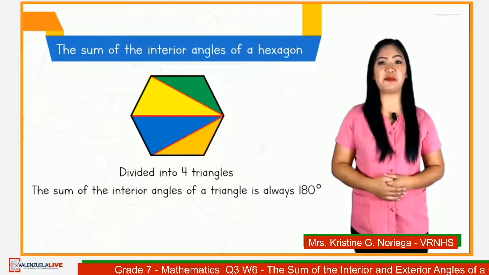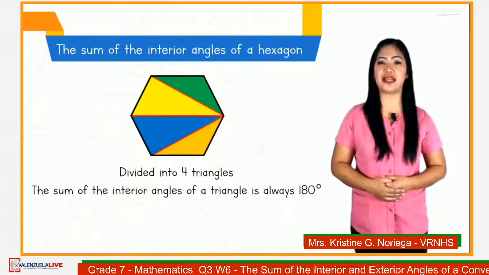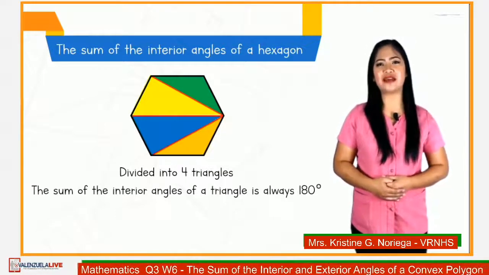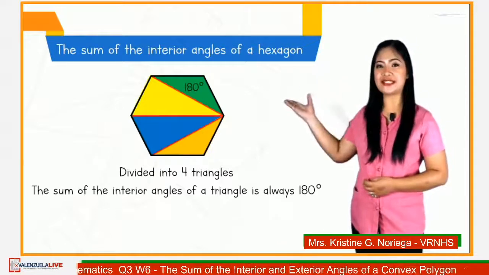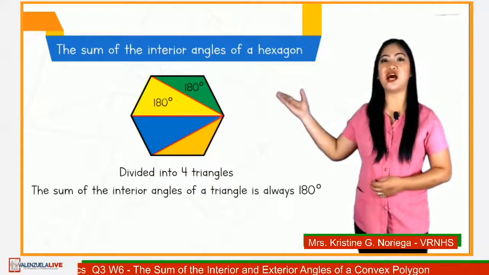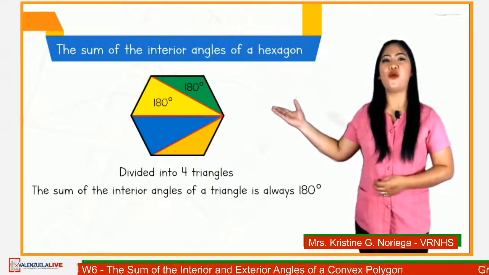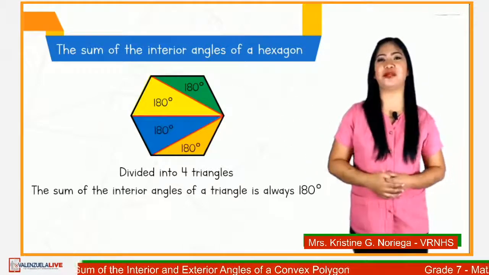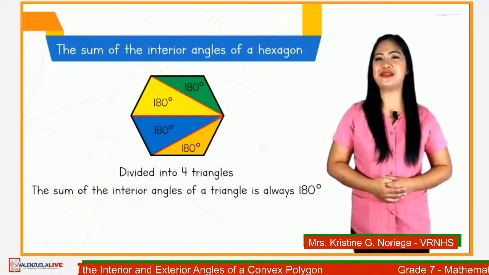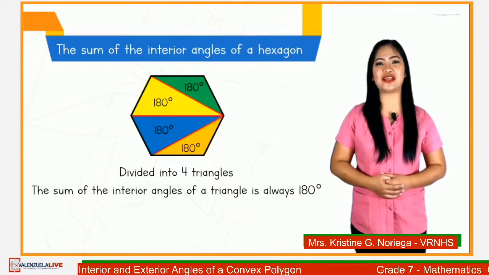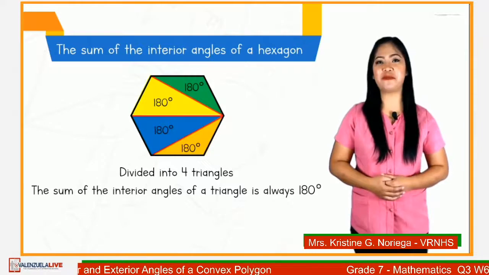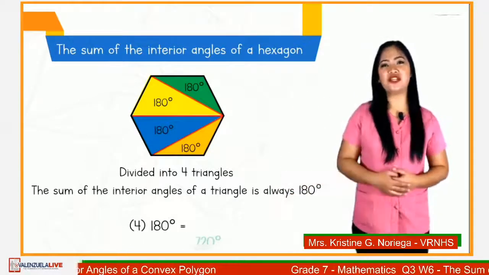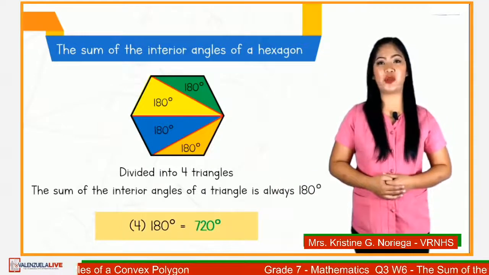And since the sum of the interior angles of a triangle is always 180 degrees, this triangle gives us 180 degrees and the other triangle gives us another 180 degrees, one more 180 degrees, and 180 degrees more. So for me to know the sum of the interior angles of a hexagon, that will be 4 times 180 degrees, which is equal to 720 degrees.